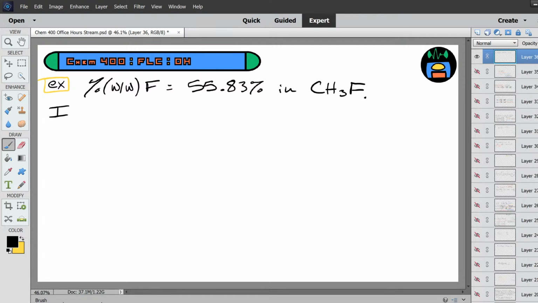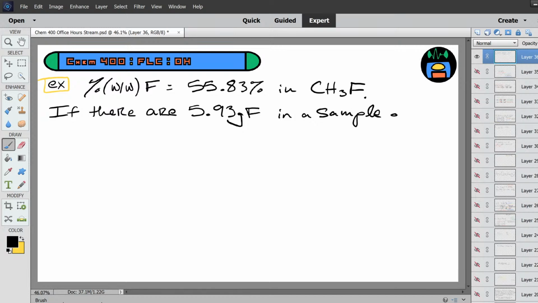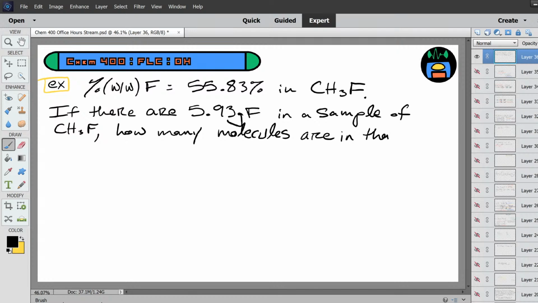I'm going to say if there are 5.93 grams of fluorine in a sample of, no, that's not fluoroform, this is monofluoromethane, excuse me. How many molecules are in that sample?